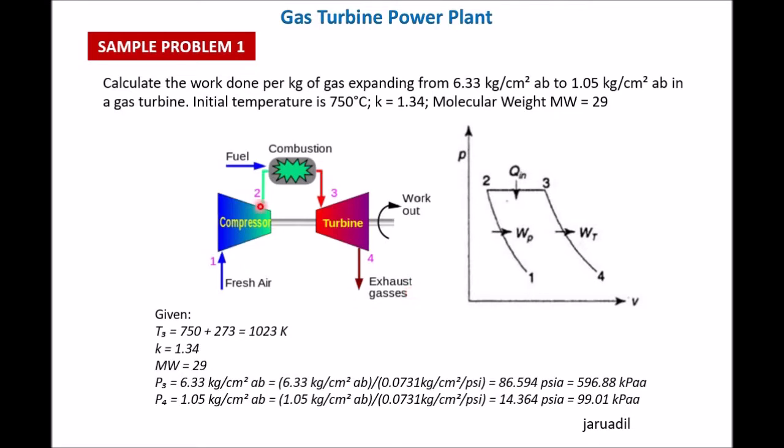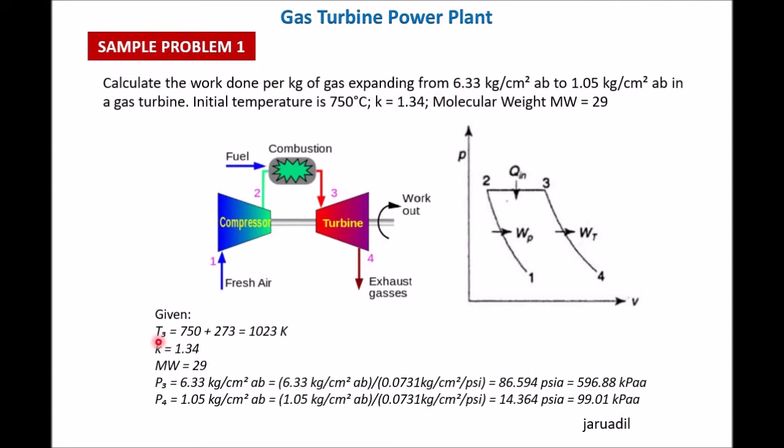Now the given value here is T3 because this is the initial temperature, referring to the initial temperature of the gas expanding. So what we are talking about here is the process from 3 to 4. So calculate the work done per kilogram of gas expanding from. So the starting process is 3 and the final process is 4.